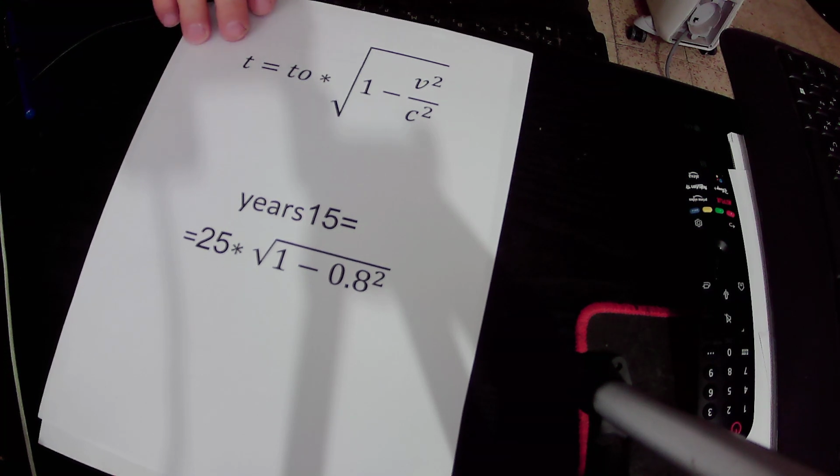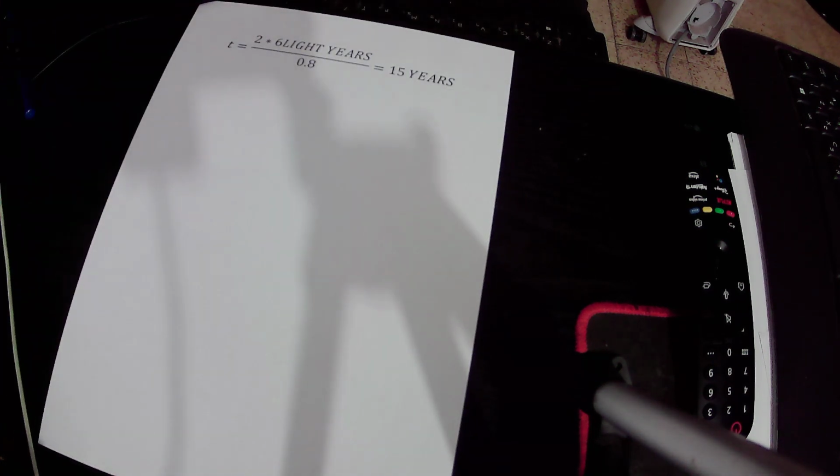And the total distance between the Earth and the star Epsilon will be 6 light years only, and the round trip distance is 12 light years, and at the speed of 80% of the speed of light, the entire journey in a spacecraft will take 15 years due to the contraction of distance between the spaceship and the star Epsilon.